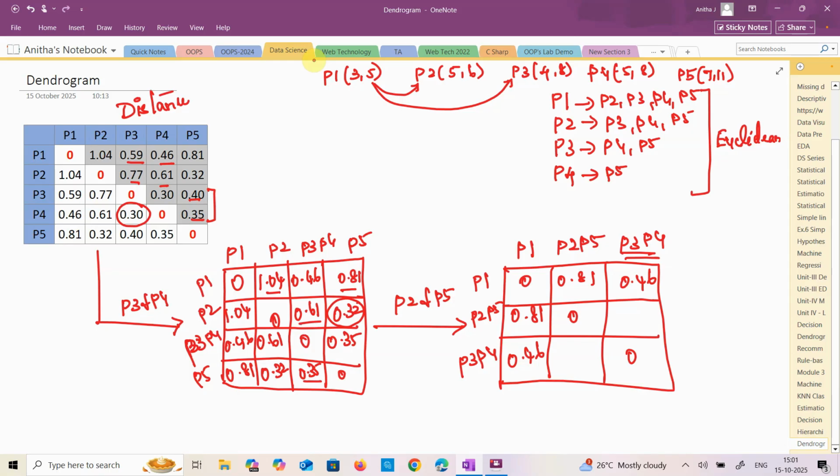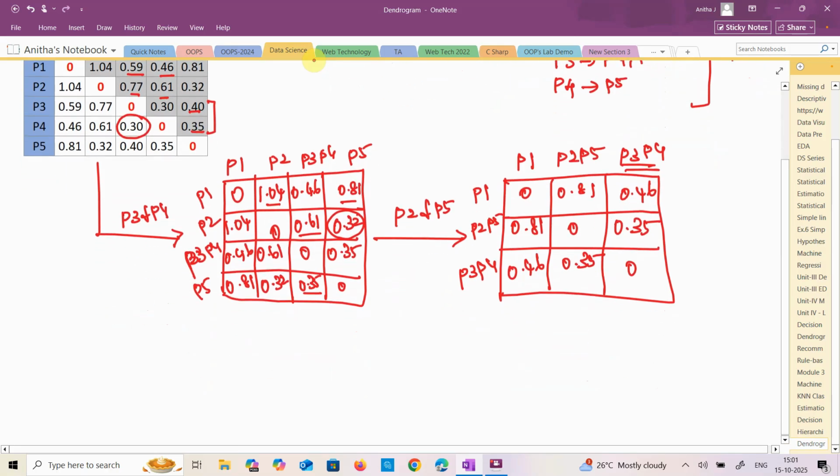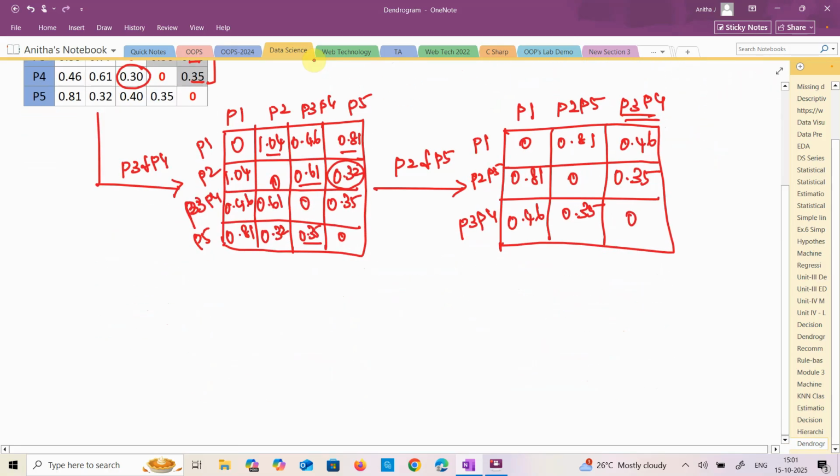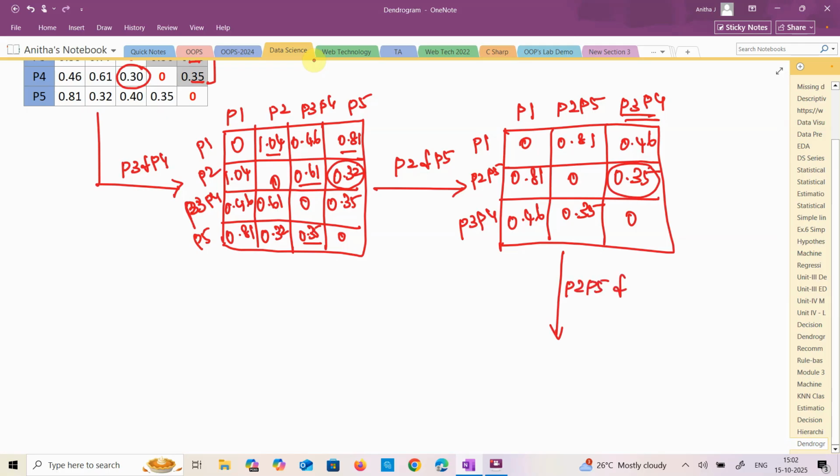Take the minimum value, that is 0.35. So now we have ended this iteration. Now we go to the next step of merging. We need to identify the minimum, 0.35. So we need to merge P2, P5 with P3, P4.